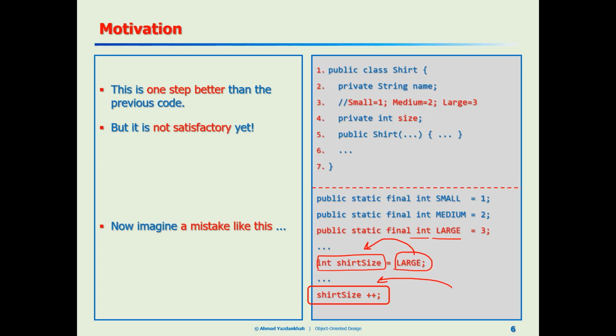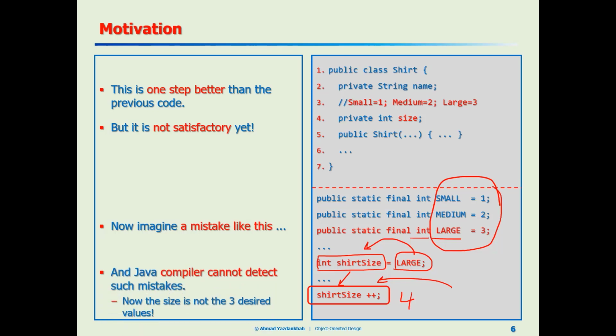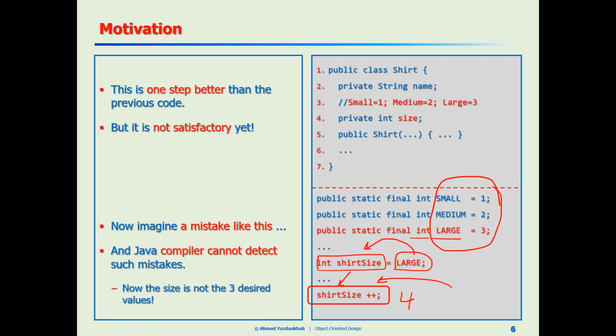Now we don't have the three sizes that we intended. Now we can use this shirt size as a 4 and 5 and whatever, right? And unfortunately the compiler cannot catch this kind of mistake, right?